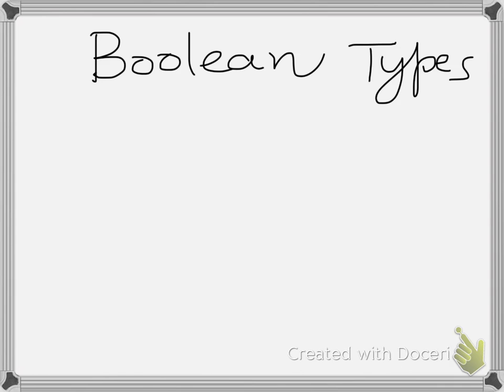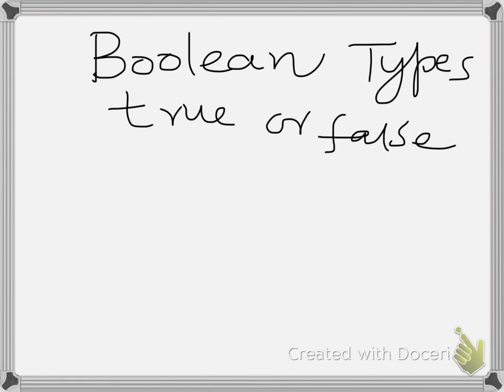Boolean types can contain only true or false values. They're not comparable. True is not less than or greater than false. They are two discrete quantum-state-like values.